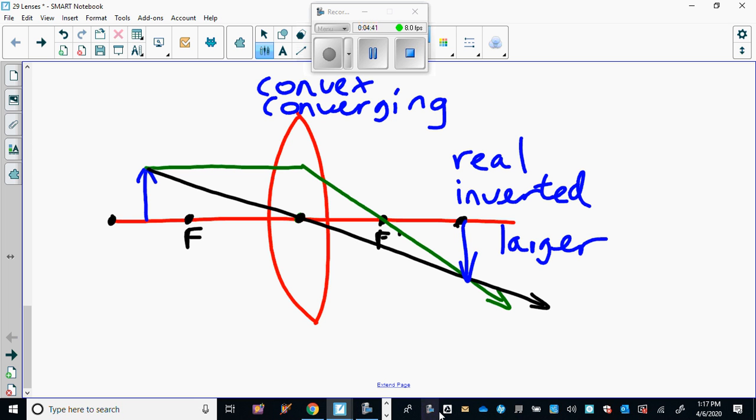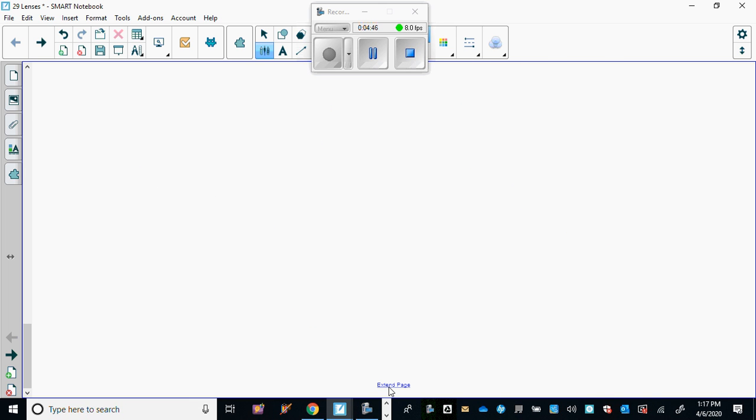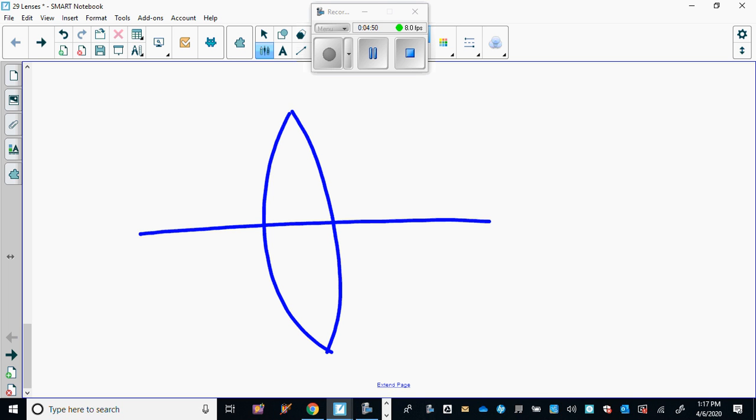Okay. Let's do another convex lens. And this time, let's put the object right here, so it's in between the lens and the focal point. Apply our rules, parallel to the focal point.